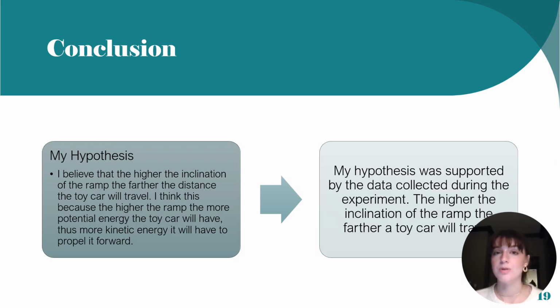And this is partially due to kinetic and potential energy, because the higher the incline of the ramp, the higher the position the toy car is going to have. So it's going to have more potential energy. And then more potential energy converts into more kinetic energy. So yeah, the 12-degree incline ramp definitely had the edge over the 8 and 10-degree angle.